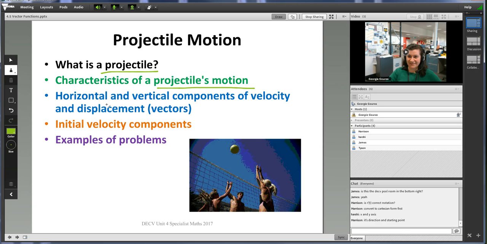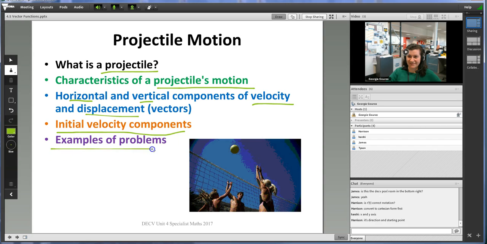But mathematically speaking, it has horizontal and vertical components of velocity and displacement and acceleration as well. So there's vectors that we can use to define a projectile's motion. When a projectile, an object, is launched, it has some initial velocity components and some initial position components and some initial acceleration components. So we're going to look at some examples of some problems now.